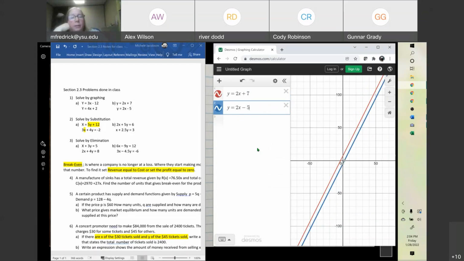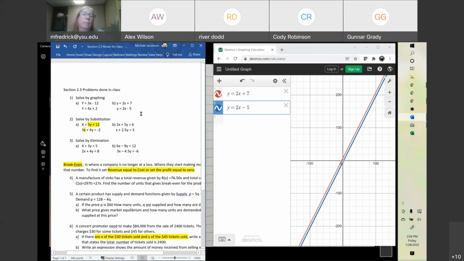You should have two parallel lines, and no matter how much you zoom in, they are never going to intersect because they're parallel. That means there's no solution. They never intersect, no solution. Any questions on that?